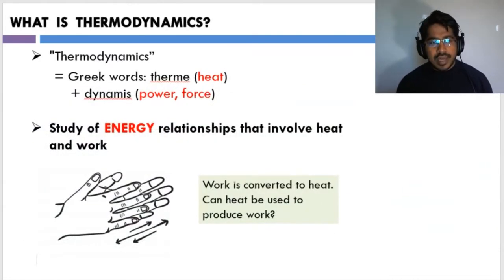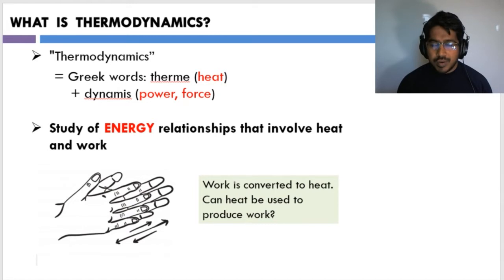Okay. So thermodynamics originated from two Greek words. The first one is therme, which means heat, right? And dynamics is power or force. So you can say the study of thermodynamics is heat force or heat power, right?